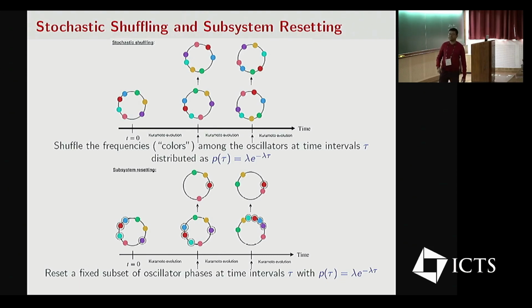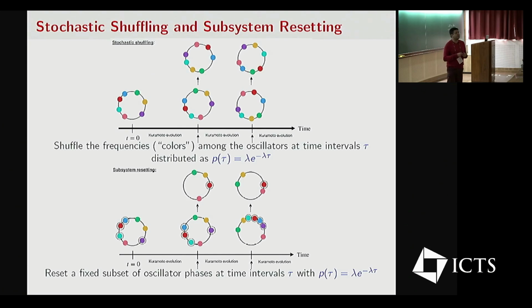So the frequencies, which were quenched disordered in the original setting, are quenched disordered in this modified setting, but only for a certain random interval, after which some shuffling is done. The frequencies are always taken from the same parent distribution.